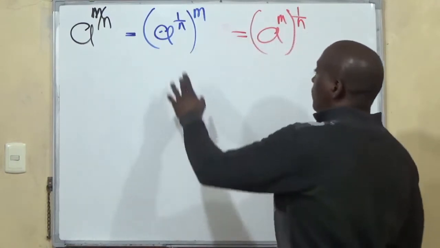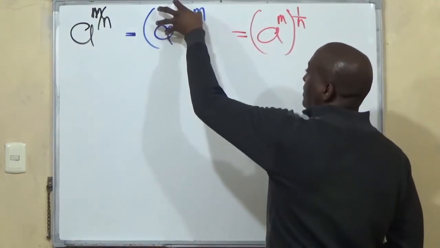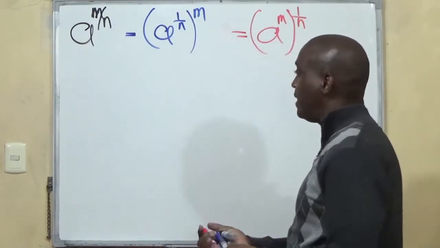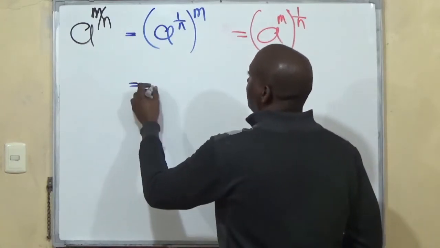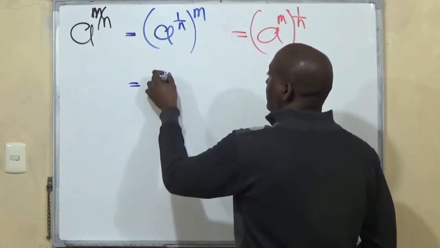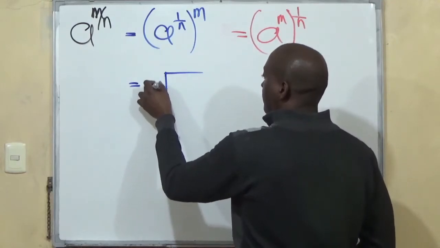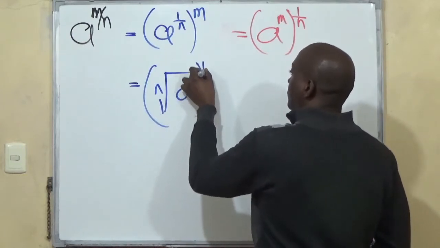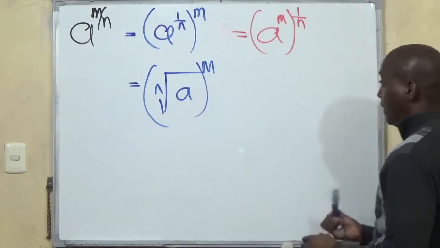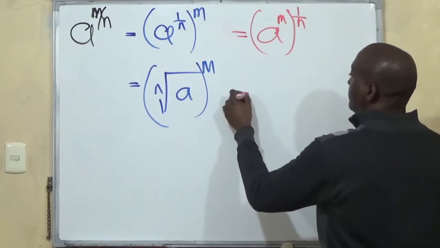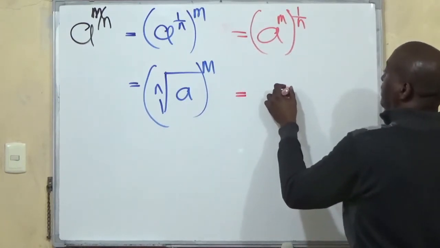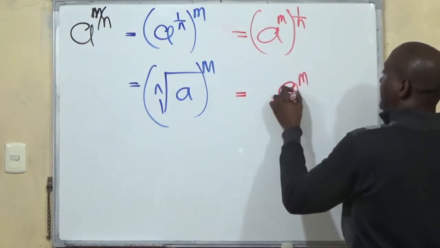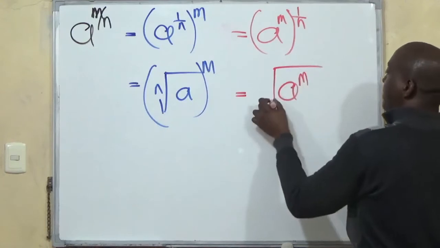Now, in blue, we're going to switch from the fractional form of the index to the form where we're using the square root sign and say that this is the same thing as the nth root of a in brackets all to the power of m. And then we could say here that that is also equal to saying the power of a, you take the power of a, and then you find the nth root of that.